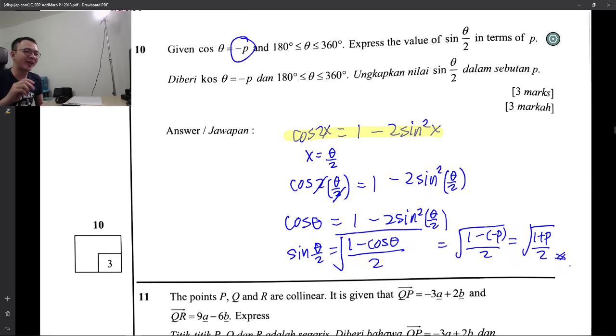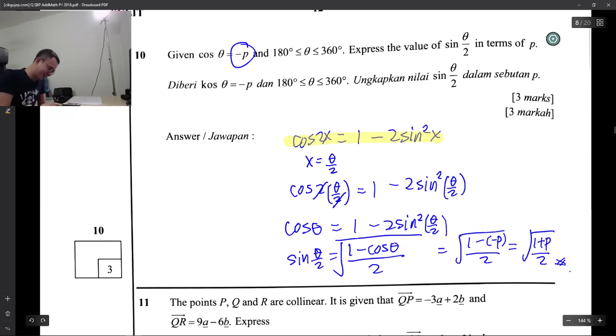How do you know we have to use the formula? Okay, a lot of students get lost here. Let me simplify this formula step by step. I move the negative 2 sine square theta over 2 to the other side. I move the cos to the other side: 1 minus cos theta.